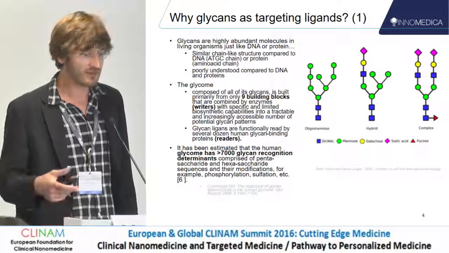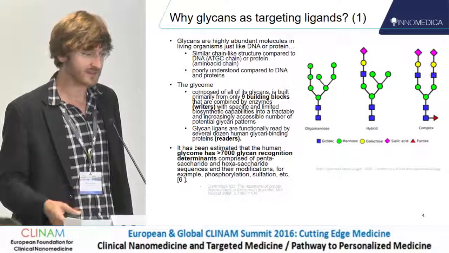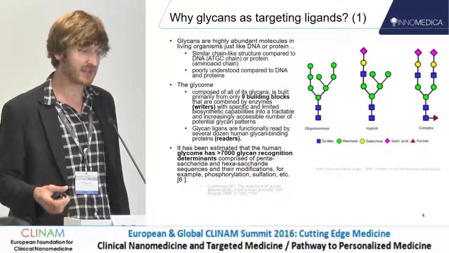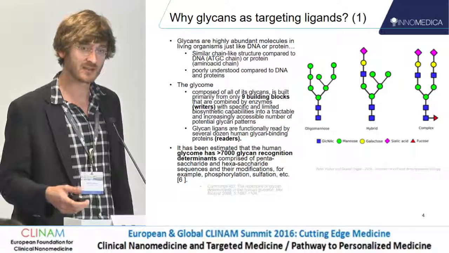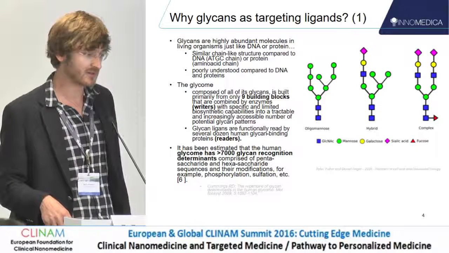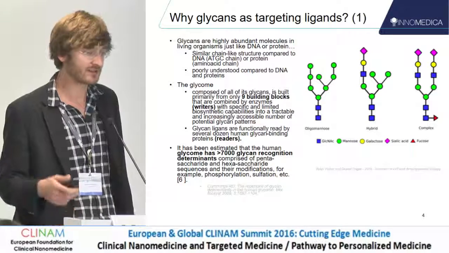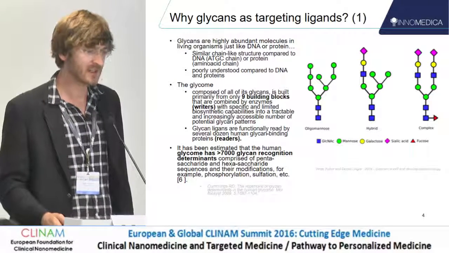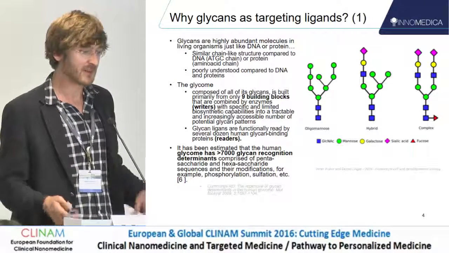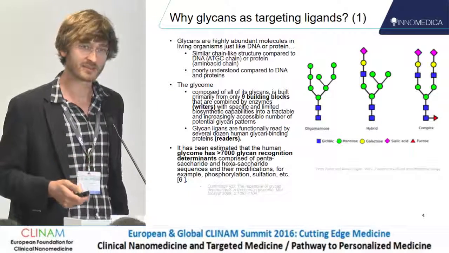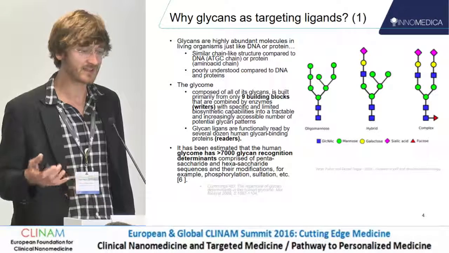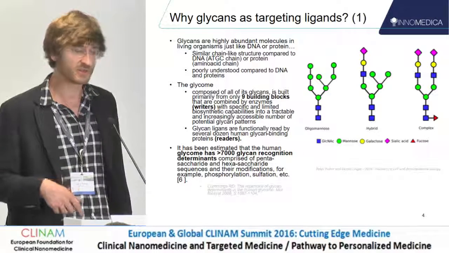However, they are a lot like DNA and protein in a way that they are derived from 9 different building blocks. DNA is derived from 4 blocks, and proteins are derived from a couple of amino acids. But thereof, there has been estimated that around 7,000 different glycan structures at least exist in humans.